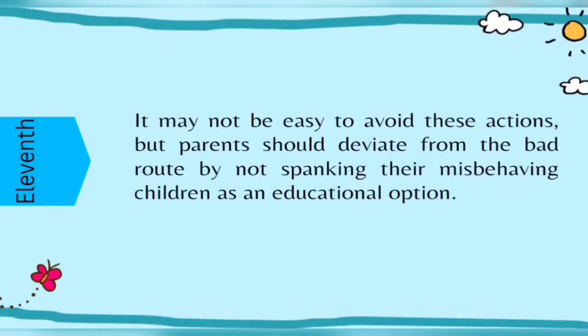In our case, it may not be easy to avoid these actions, but parents should deviate from the bad route by not spanking their misbehaving children as an occasional option. You can see that it addresses our first idea, and it clarifies our position on the essay. And that's how you write a persuasive essay.